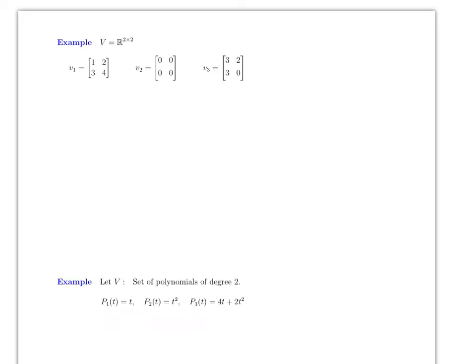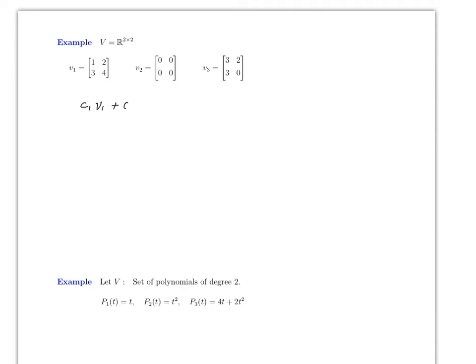Let's do another example. We have the same vector space, the set of 2 by 2 matrices, or the vector space of 2 by 2 matrices. So again, the question is whether these three vectors are linearly independent.